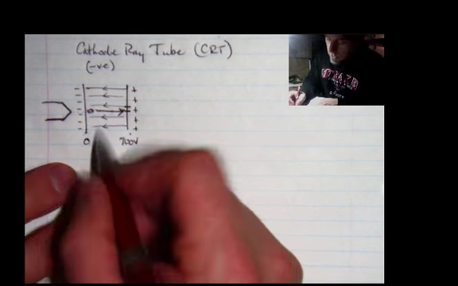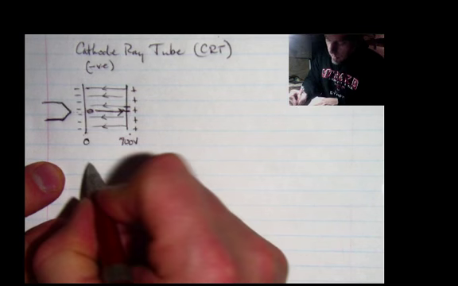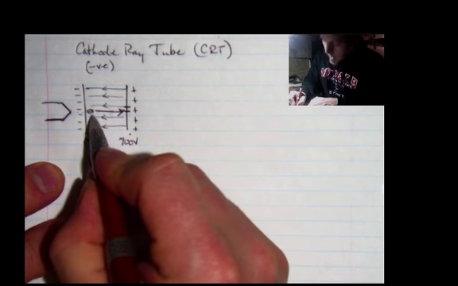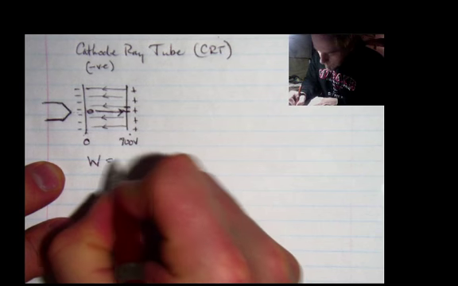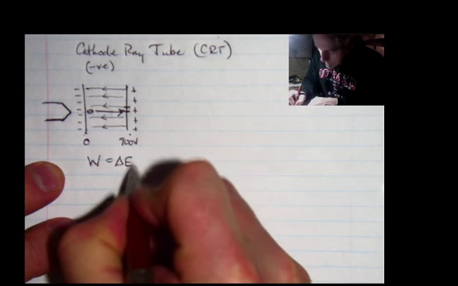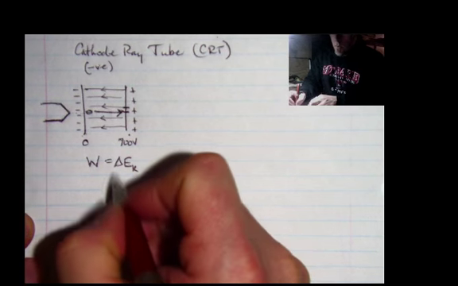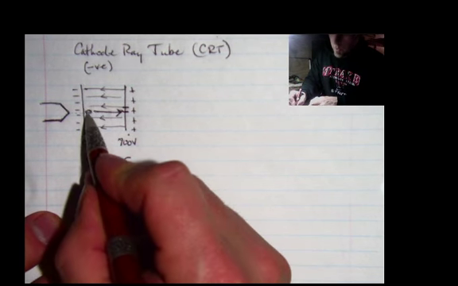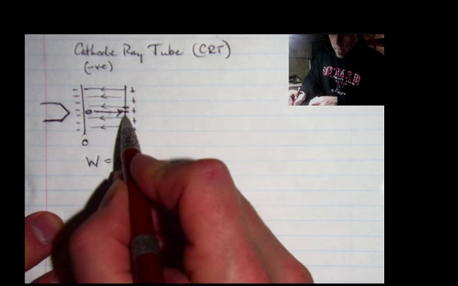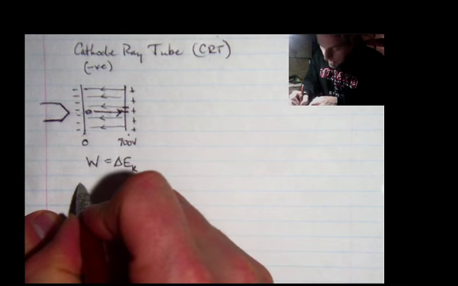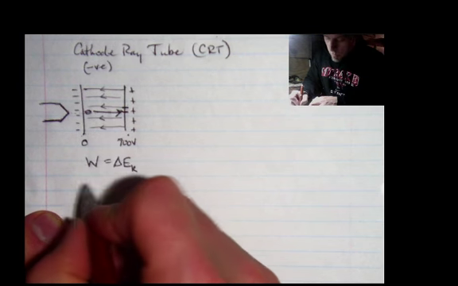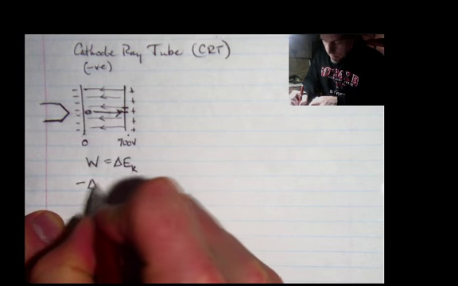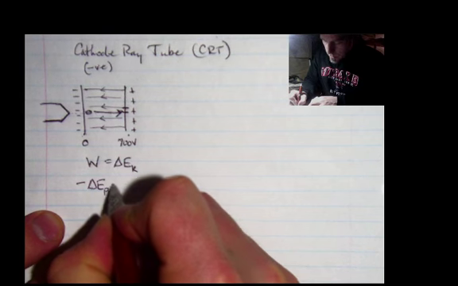And we have that relationship where the work required to move that electron to this side is going to equal a change in kinetic energy. We also know that the work required is a negative change in potential energy. It's a negative amount of work because it wants to go there. So we end up having this relationship.